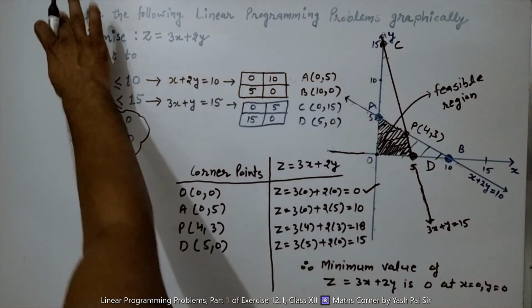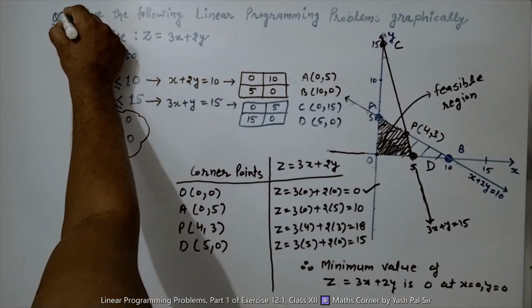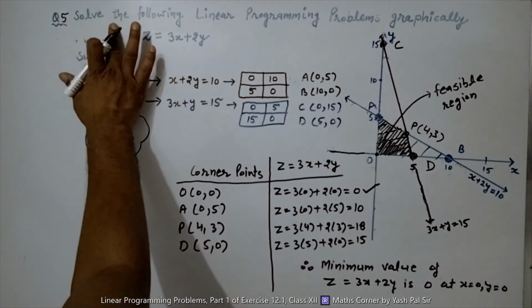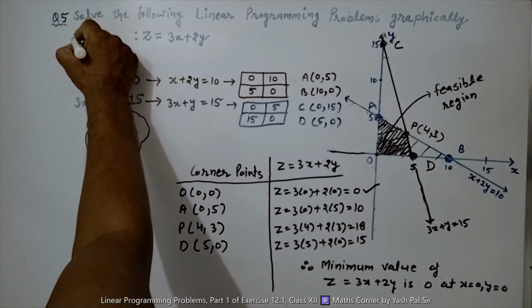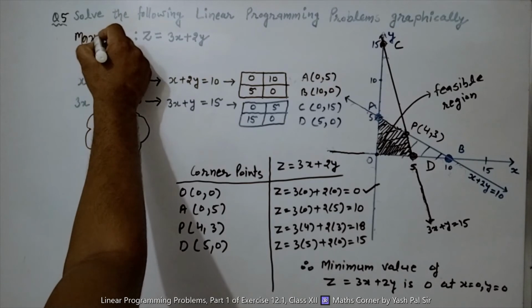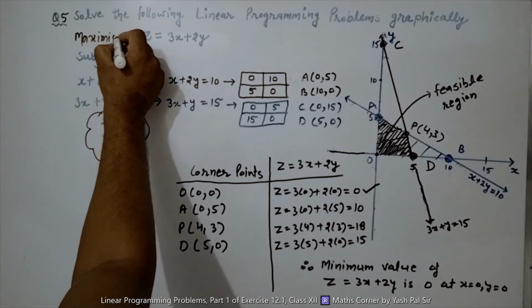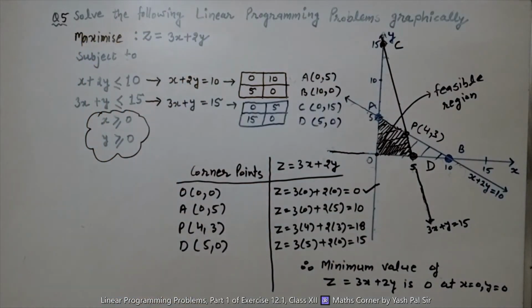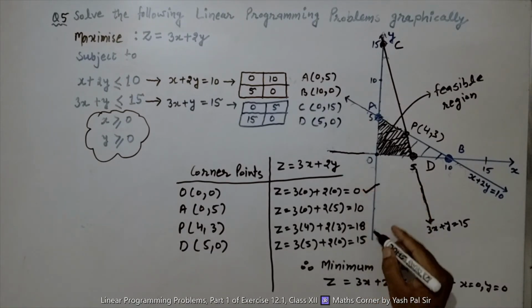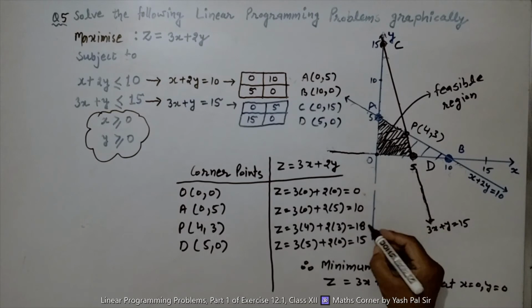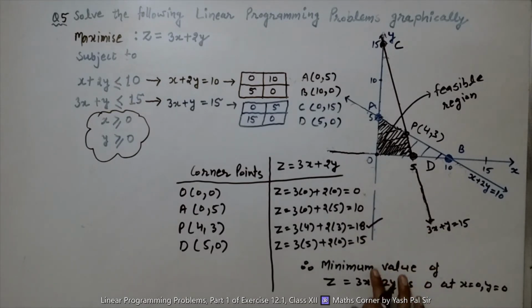Wrongly I have taken this as question number 4. This is our question number 5, and in place of minimize we have maximize. Right? So what is the maximum value we have? 18 is the maximum value.